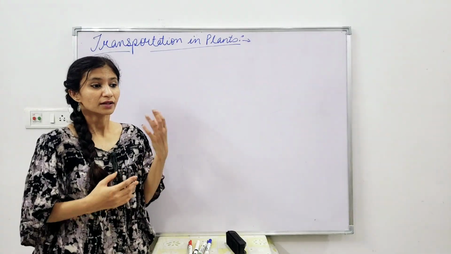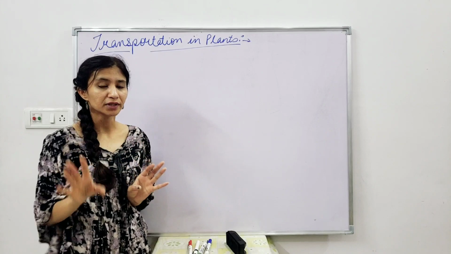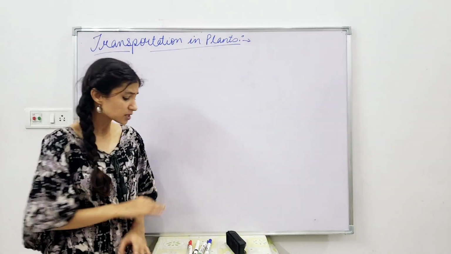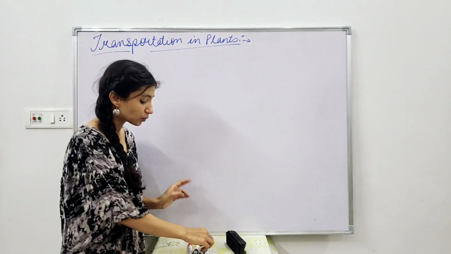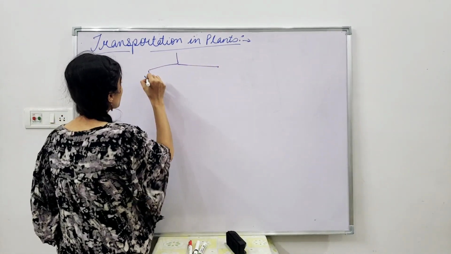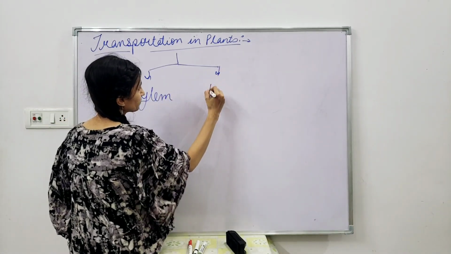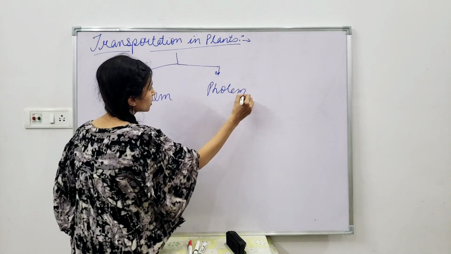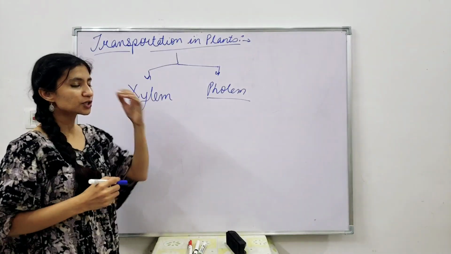That has to be transported to different parts of the plant according to the need, even for storage purposes. So for all these things, there are two separate systems that work in the plant, that is, xylem and phloem. These are the two separate systems which work in plants for transportation purposes.